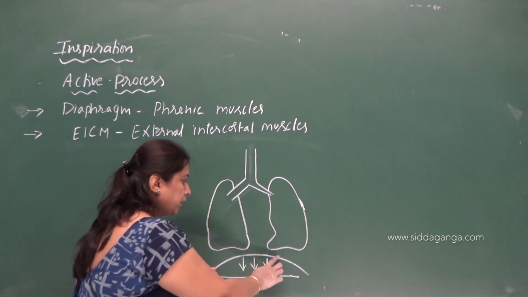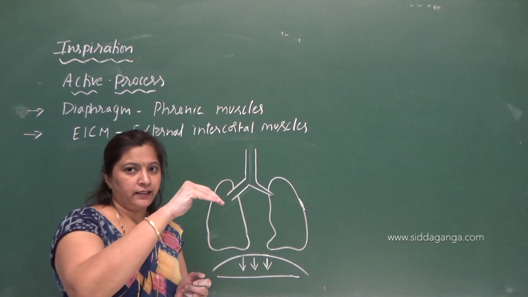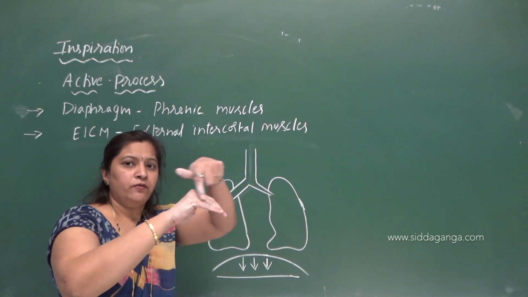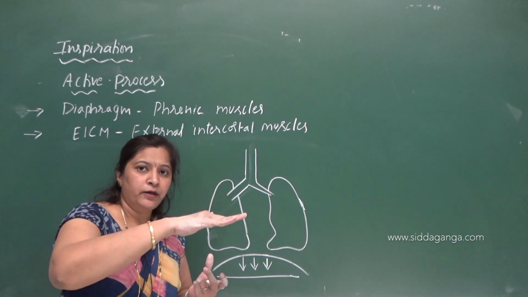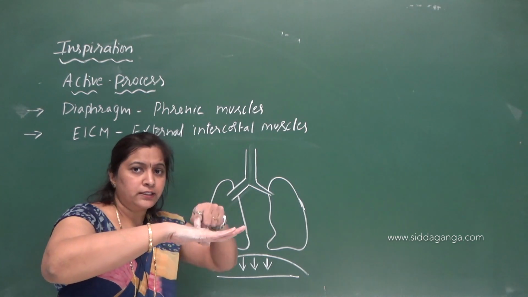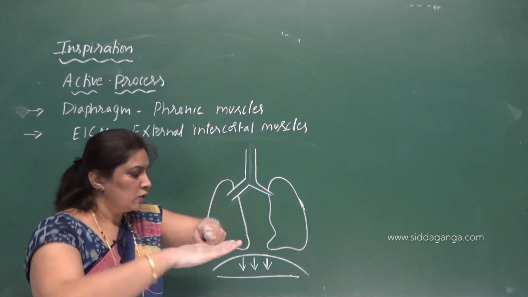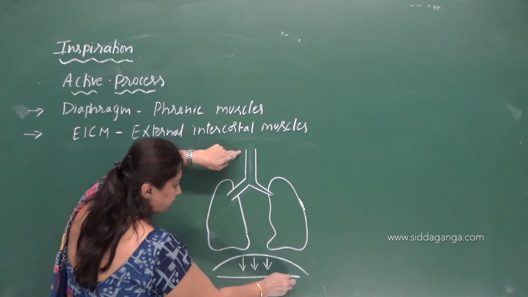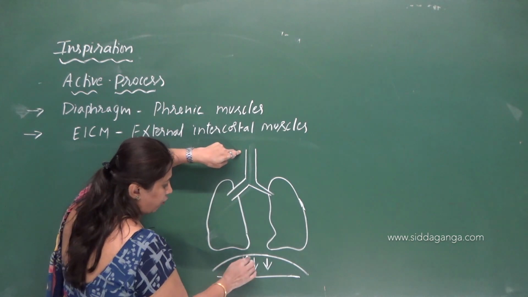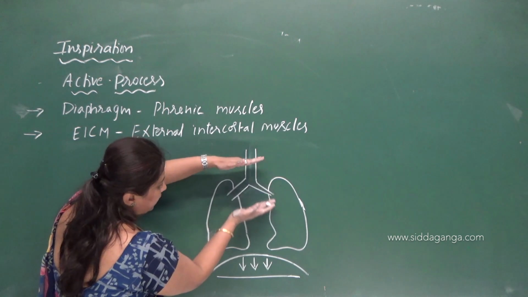The diaphragm is originally dome shaped, like this. When the muscles of the diaphragm contract, it becomes flat like this. So once the diaphragm becomes flat, the volume of the thoracic cavity increases.